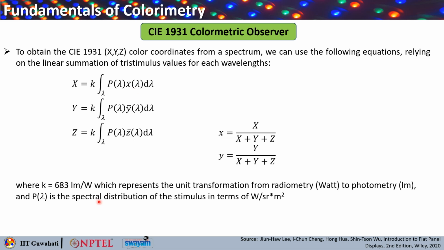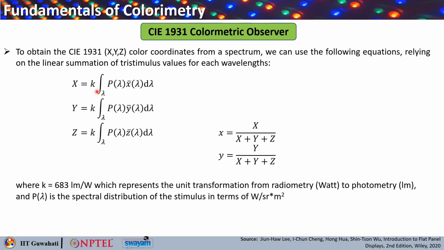P lambda is the spectral distribution of the stimulus, which is given in terms of watt per steradian meter square, and this is how it is calculated. So, capital X equals K integration over lambda P lambda x bar lambda d lambda. Similarly, capital Y and capital Z can be calculated, and the small x and small y are obtained as capital X divided by the sum of capital X, capital Y and capital Z. Y is also calculated like this.